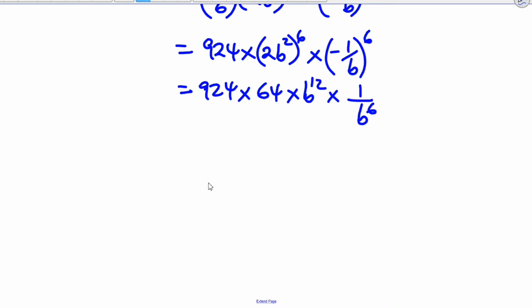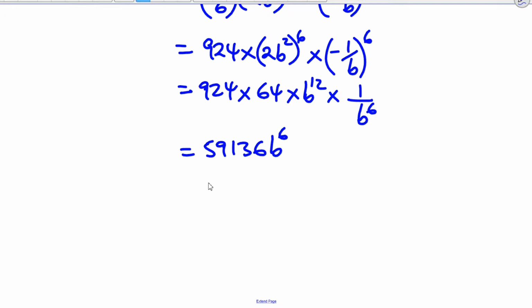Using laws of indices, you can simplify this to 59136 b to the power 6 as your term in b to the power 6.